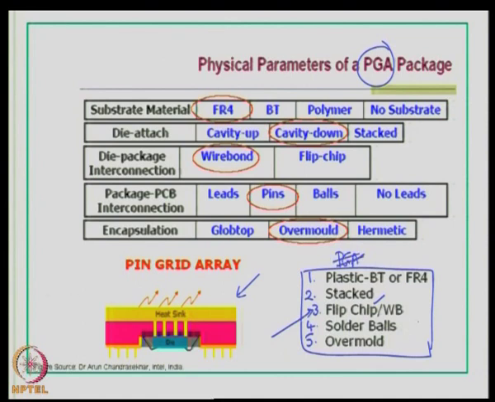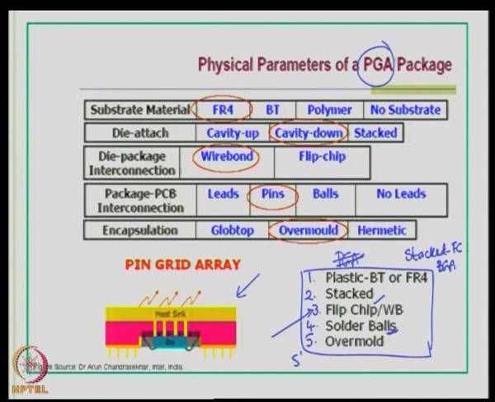Okay. For example, given this configuration, this could be a stacked configuration. That means there are two dies or more stacked one on top of the other, and you can see it ends in a solder ball. Therefore, it could be a BGA, and if you are using a flip chip, it could be a flip chip.